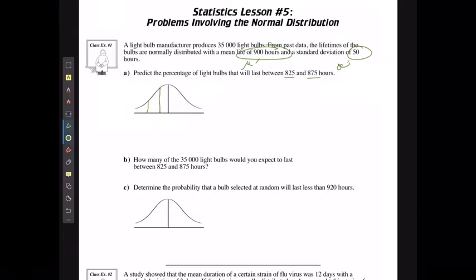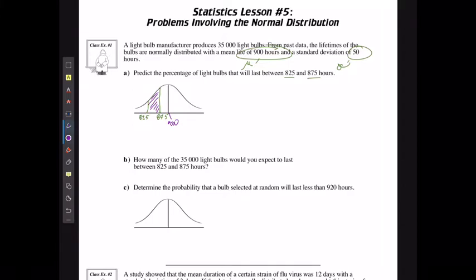This would be at 825 and this would be at 875, and I'm trying to find the area in between those points. I'm also going to state there's my average of 900 right in the center.